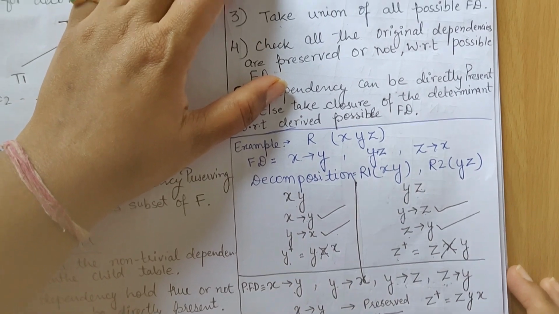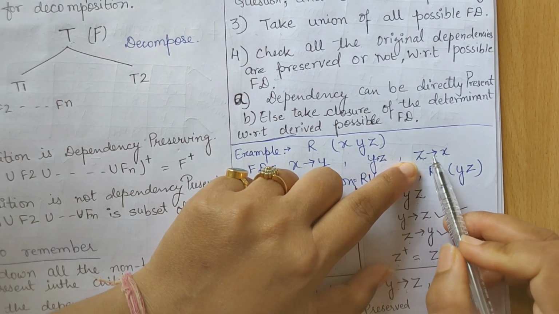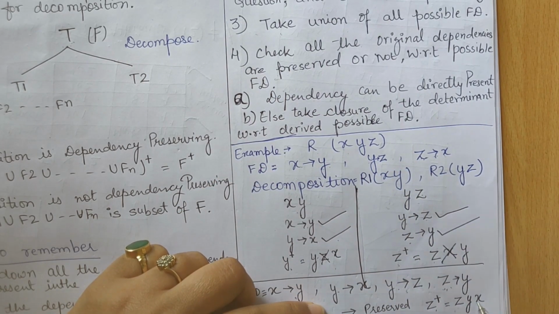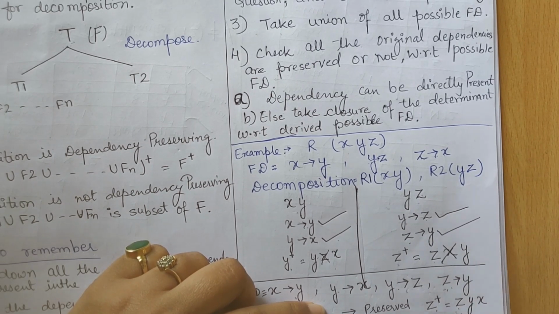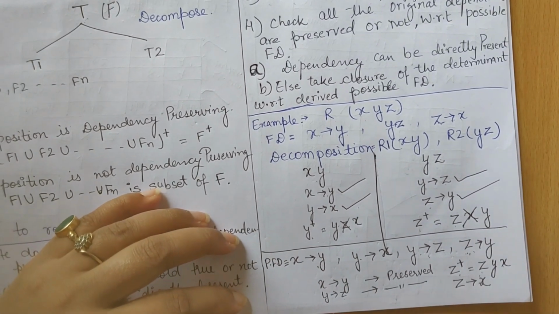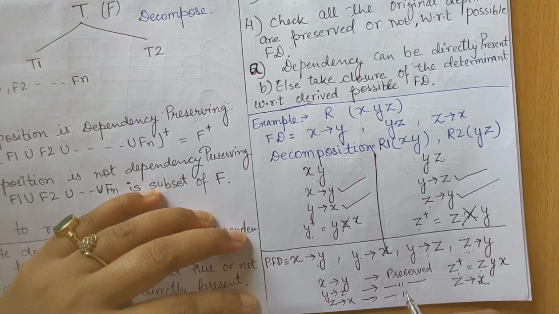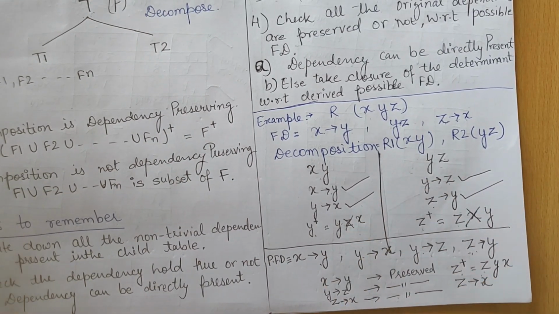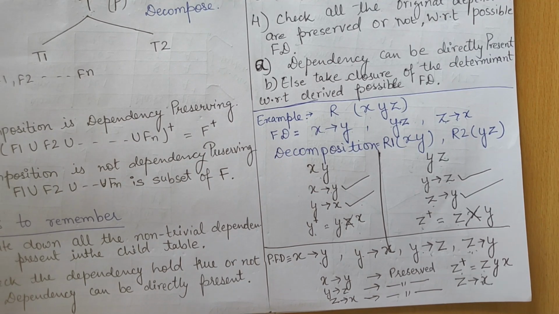And what my functional dependency is saying is Z determines X. So here Z can determine X, Y, and Z also. So Z determines X is true. It's not directly present, but it is indirectly present. So Z determines X is also preserved. Thus we can say this decomposition is a dependency preserving example.